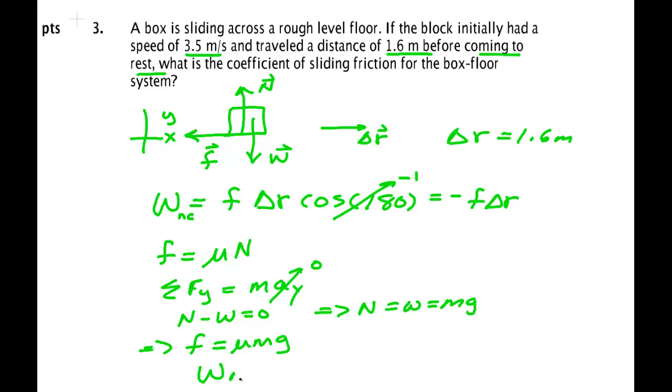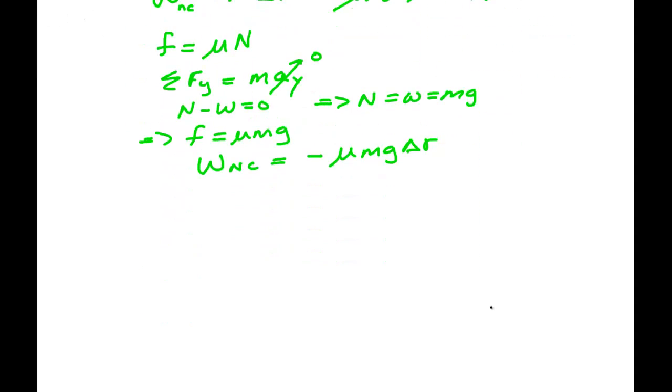Therefore, the work by non-conservative forces is minus mu mg delta r. So we're getting close to actually having everything we need. We have that mu is minus the work by non-conservative forces over mg delta r. I just need to find the work by non-conservative forces.